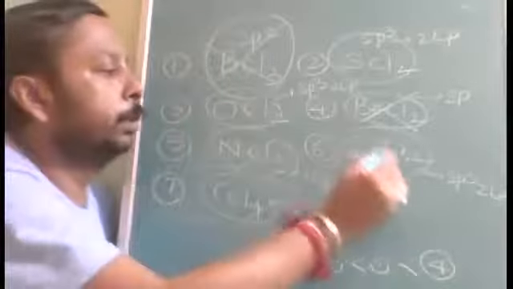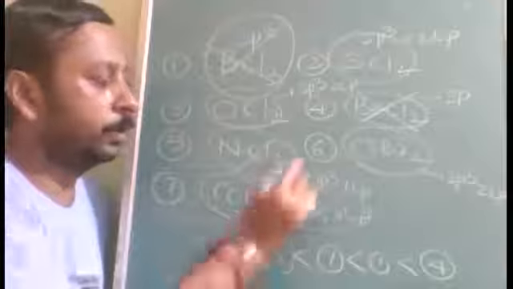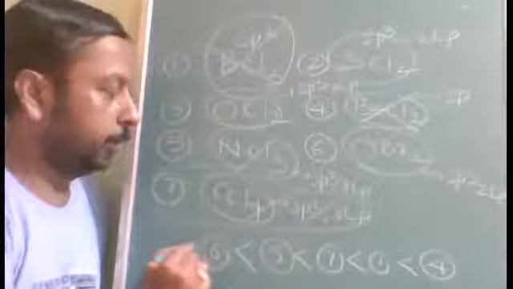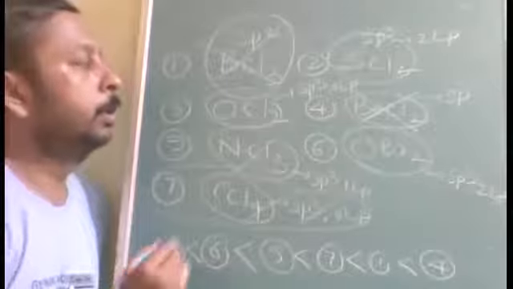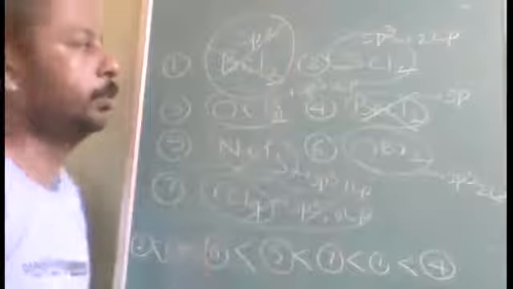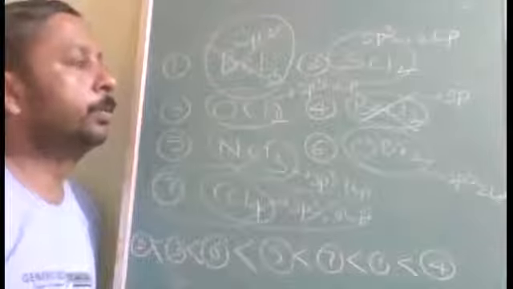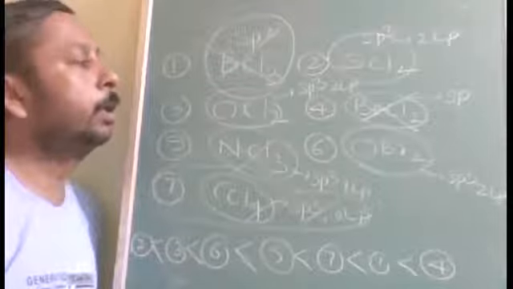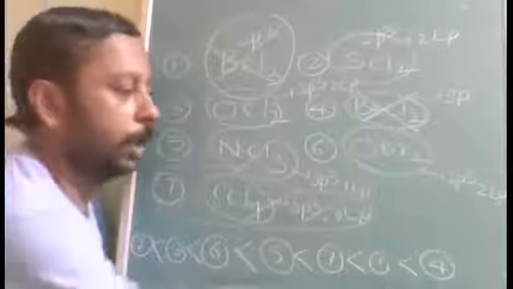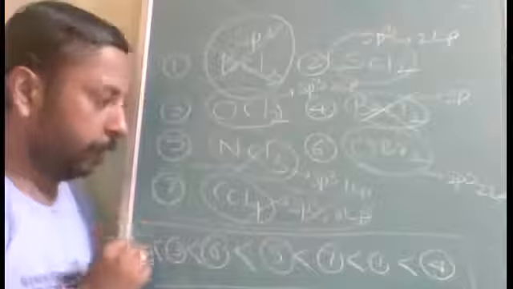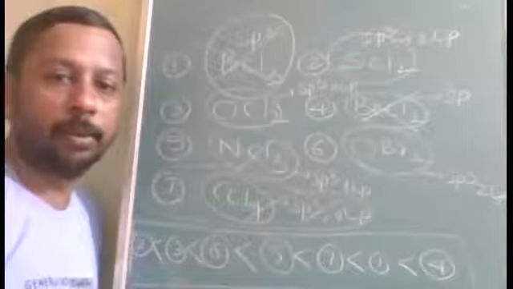Understood? In that also OBr2 will be largest. So sixth less than third, and here it is going to be the second one, SCl2. So the lowest bond angle will be in SCl2. The highest bond angle of 180 is found in the fourth answer. Note this down.